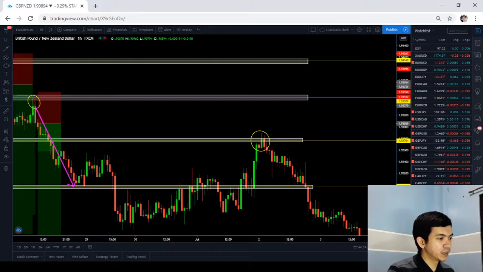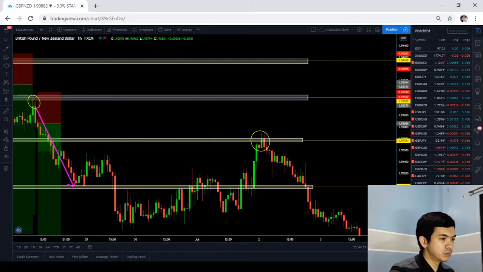So again, if you're going to make a strategy or a system, make it as simple as possible so that you don't have much confusion or you only have a straight decision making. Pag nakita mo yung setup na yon, I'm going to buy. Pag nakita mo yung setup na yon, I'm going to sell.